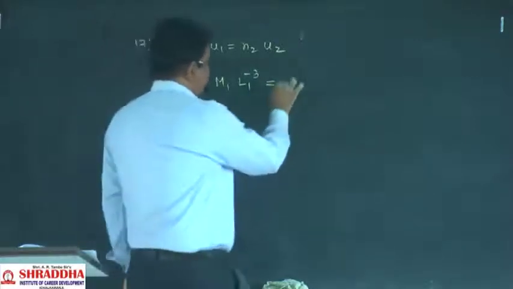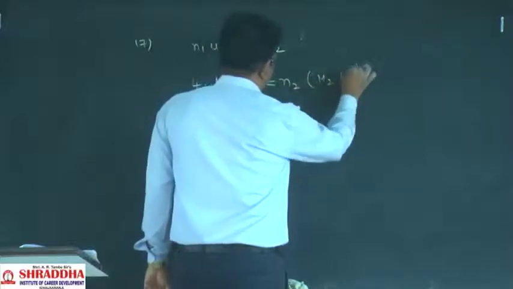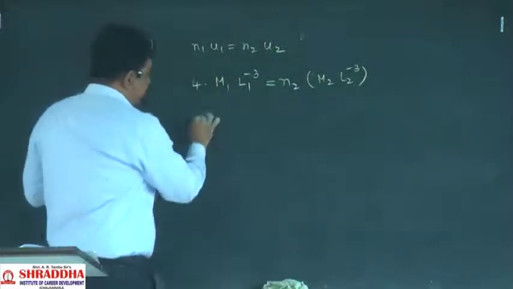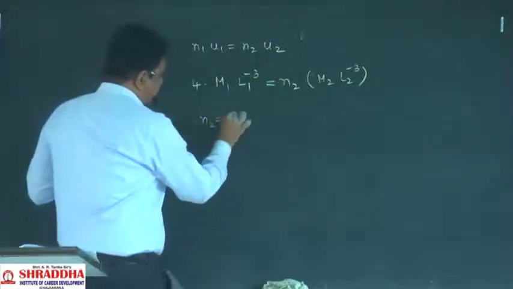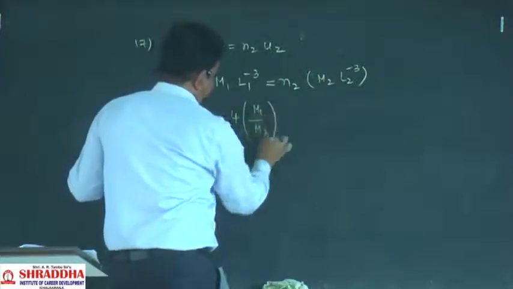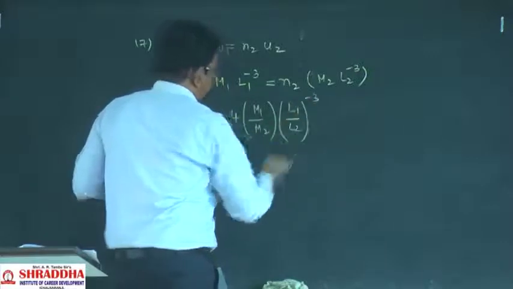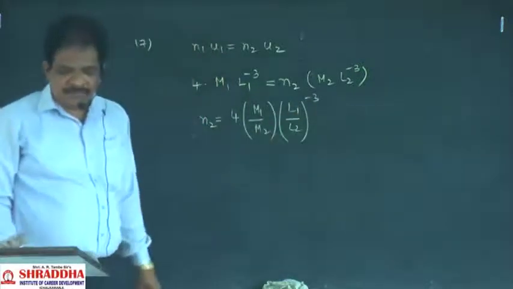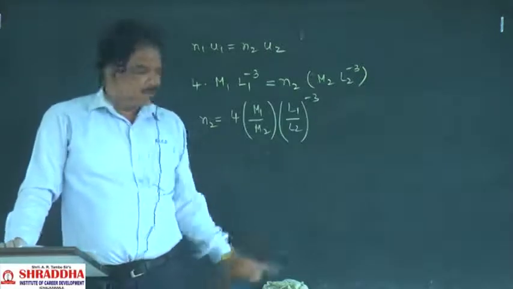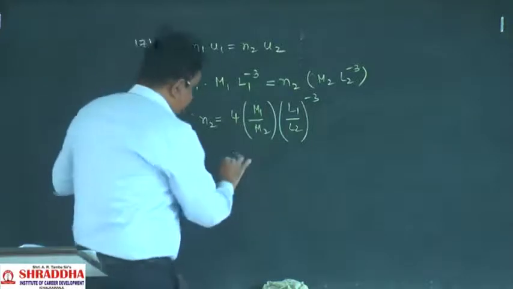So this will be N2 L2 power minus 3. Then N2 is equal to 4 M1 by M2 into L1 by L2 whole power minus 3. Here mass will be gram, here it will be 100 gram.